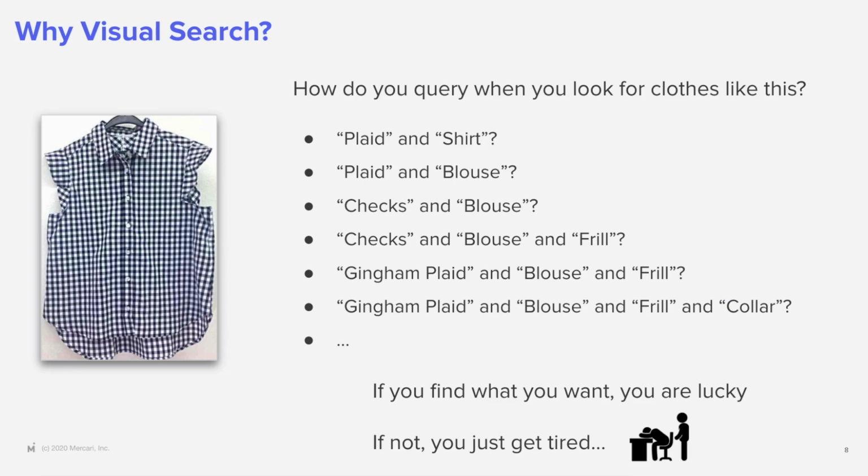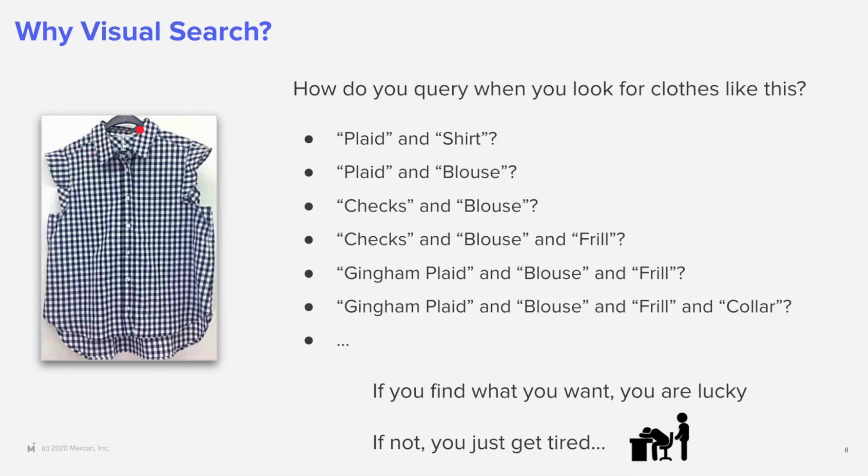There is a question. Why are many services interested in visual search? The answer is simple. We can find objects and items which are not easily discovered by text-based search. How do you query when you look for clothes like this?